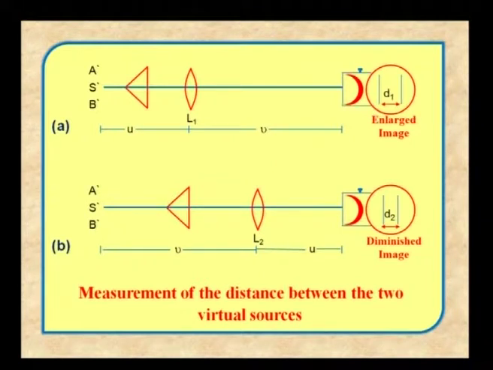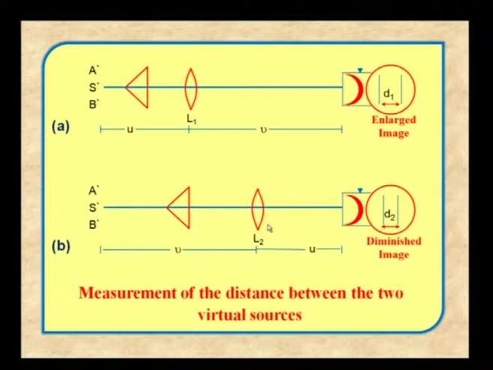For the two virtual sources, you will see through the eyepiece two images separated by a larger distance, whereas in the other case, when the lens is kept nearer to the screen, you get a diminished image. Diminished means the distance separating the two images will be smaller. The enlarged means it will be larger.